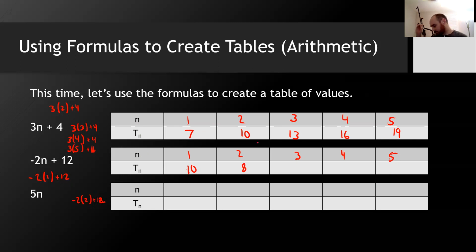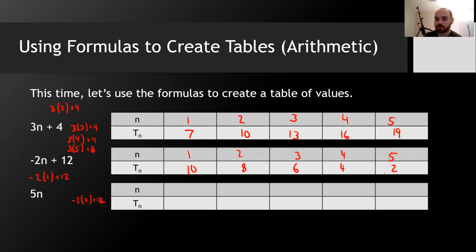Now, I could go through and do the same thing, multiply -2 by 3, add it to 12, over and over again. But remember, these are arithmetic sequences, which means that it's going to change by a constant rate every single time. So if I have the first term, then the second term, then the third term, the fourth term, each term it's going to go down by 2.